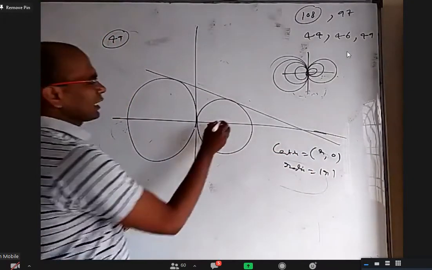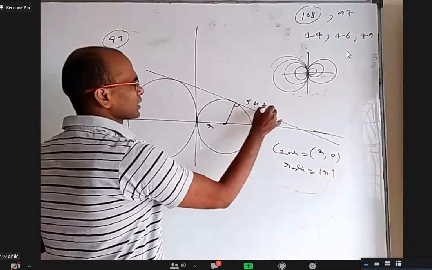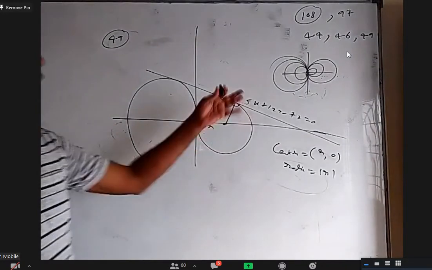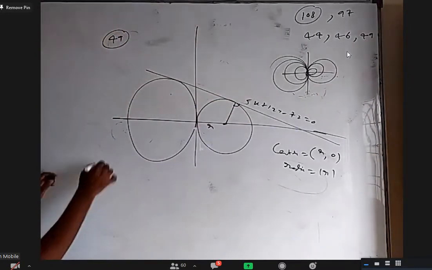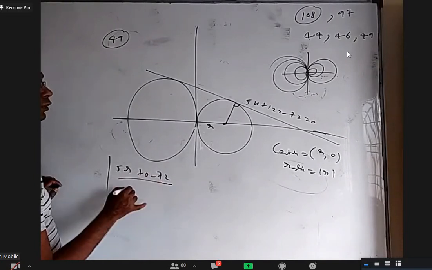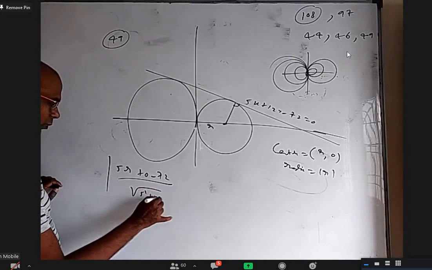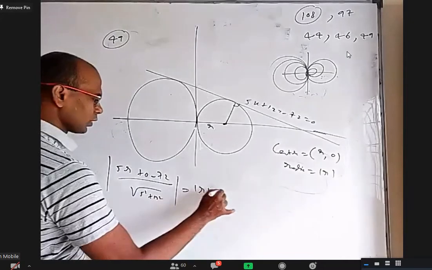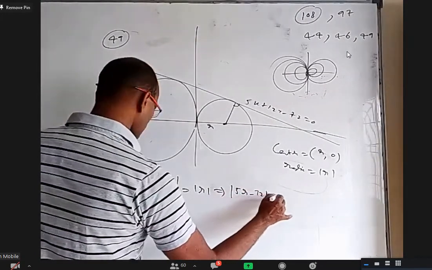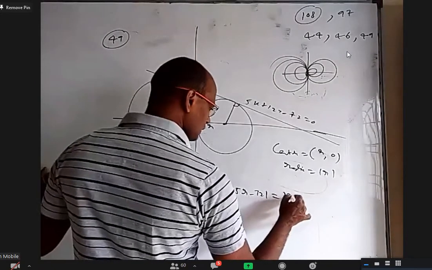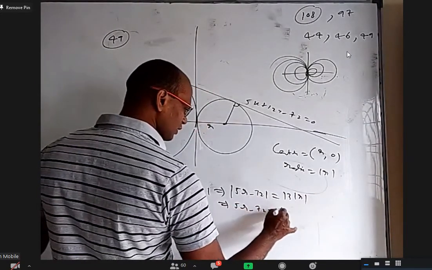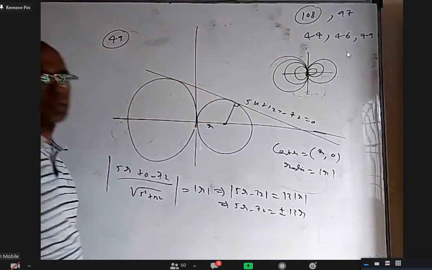Now, for it to touch the line 5x plus 12y minus 72 equal to 0, from the center the perpendicular distance equals the radius. So mod of 5r plus 0 minus 72 by root of 5 square plus 12 square equals mod r. So mod 5r minus 72 equals 13 mod r. 5r minus 72 equals plus or minus 13r.